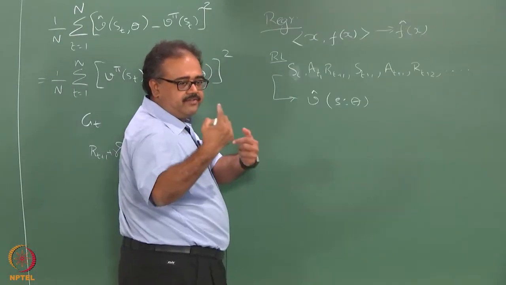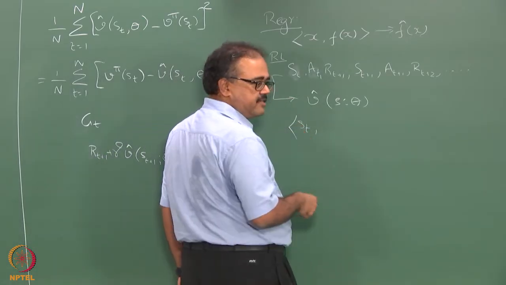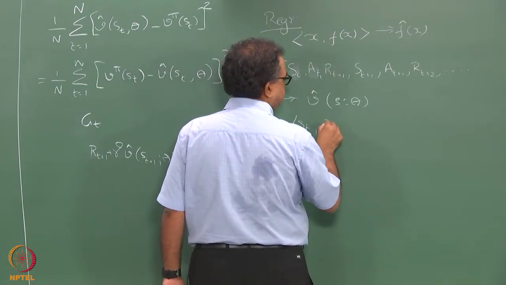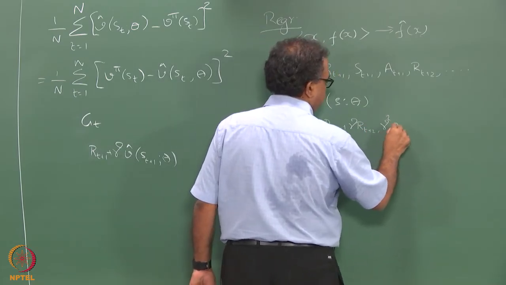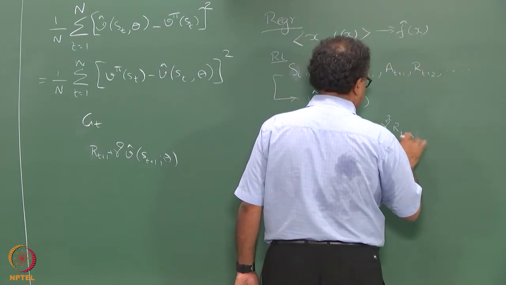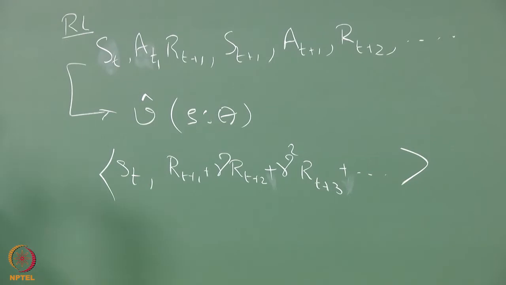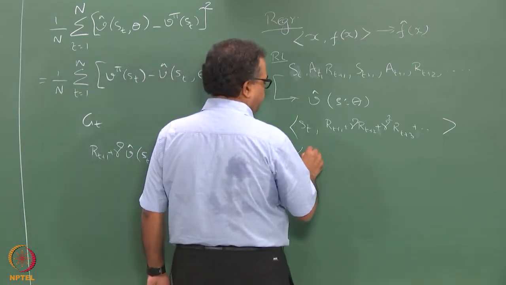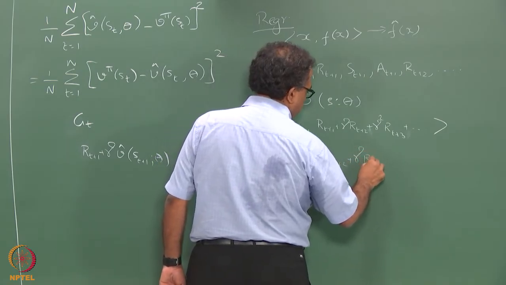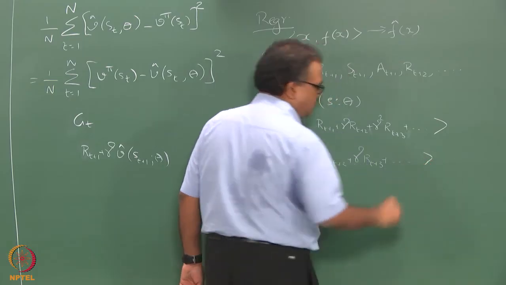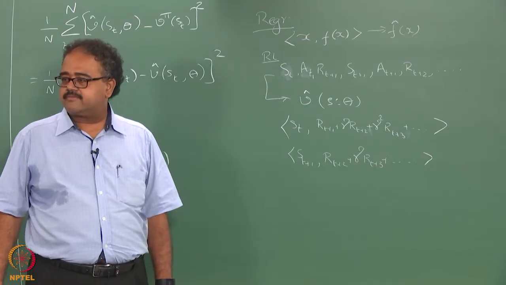From here I can create one set of training data, right. Whatever is the state S_t, comma, that is the first data point. The second data point will be like that, right. So I will create data points like this and I can use it for training, right.